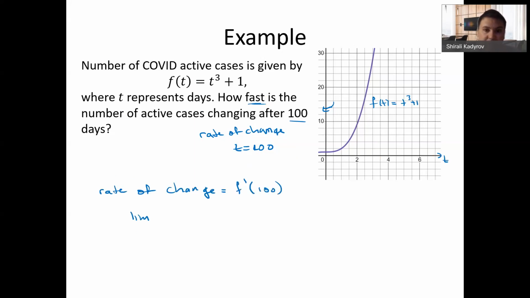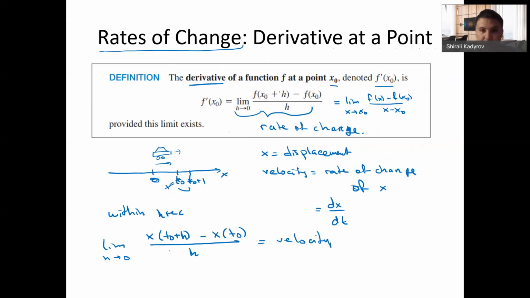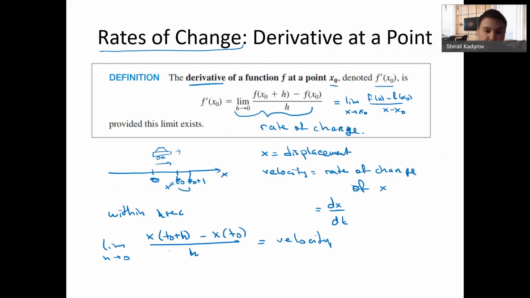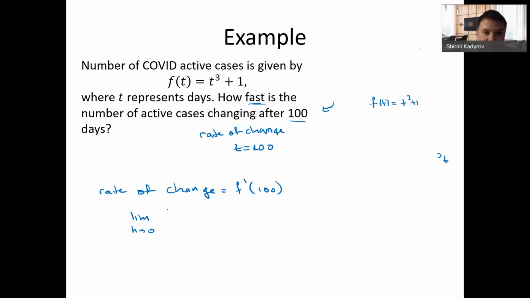If you know how to take the derivative, fine, you probably know it. But anyway, let's do it. So h goes to 0. Remember the definition: instead of x0 here, I have 100. So this is the limit of f of 100 plus h minus f of 100, divided by h.